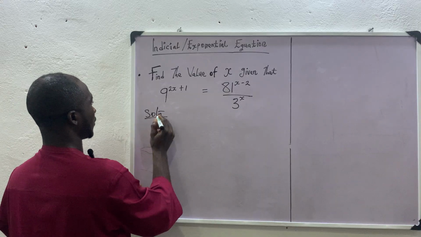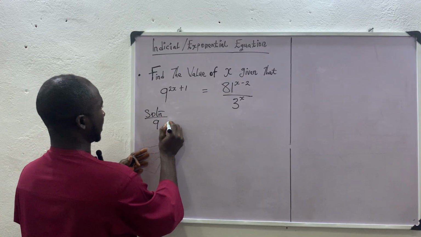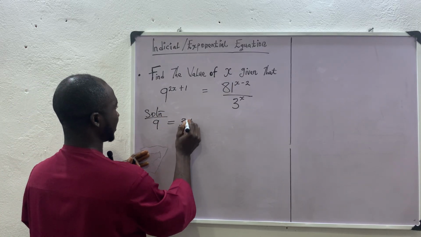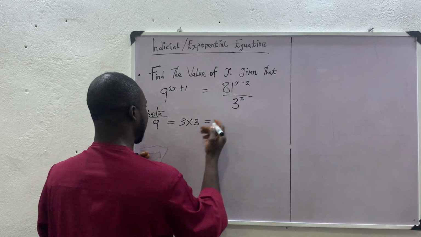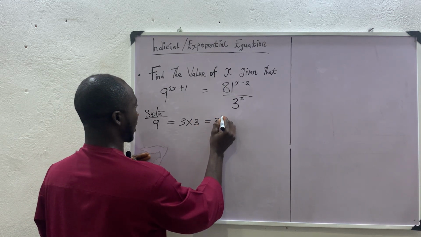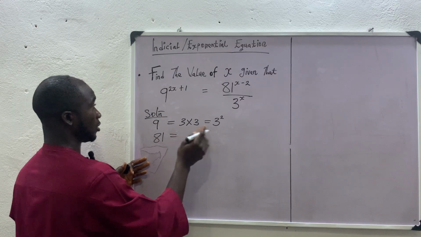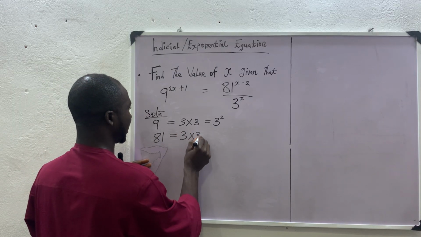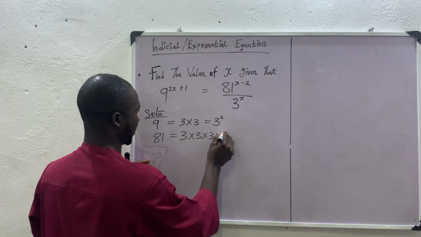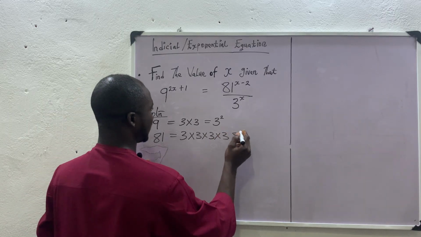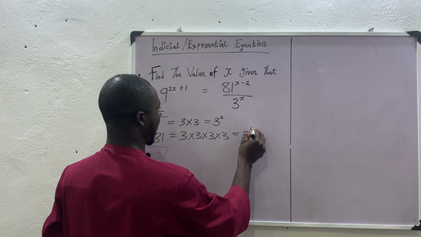Now, you might recall that this 9 can be written as 3 times 3, and this is the same thing as saying 3 raised to power 2. Also, 81 can be written as 3 times 3 times 3 times 3, which is the same thing as 3 raised to power 4.